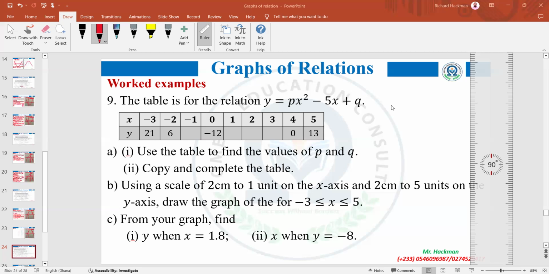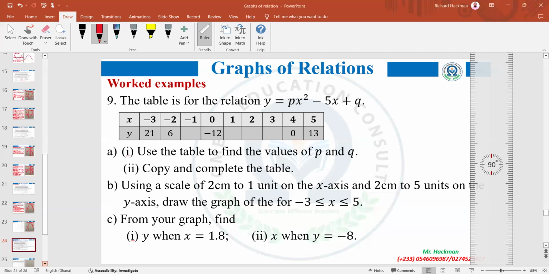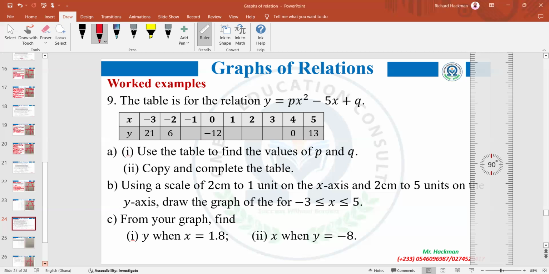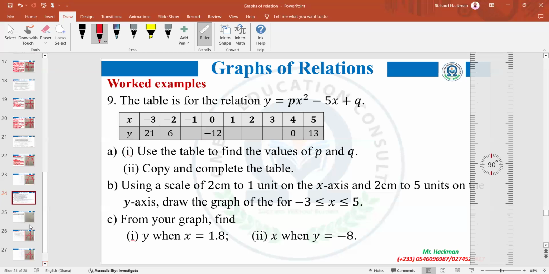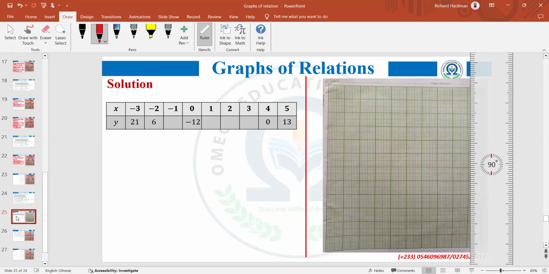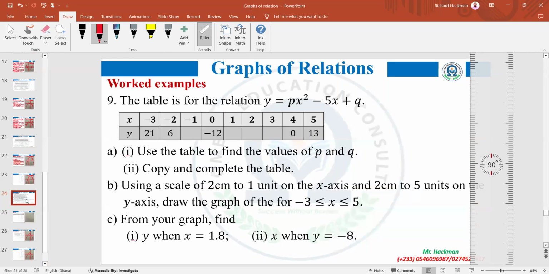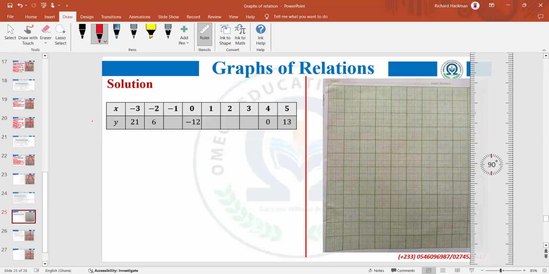Trivial. So quickly, let's have a look at how best you can present your solution, since that's also what counts. Now we go to the solution, question number 9. We need to extract what we are given.